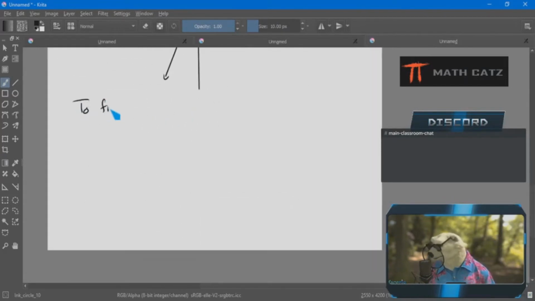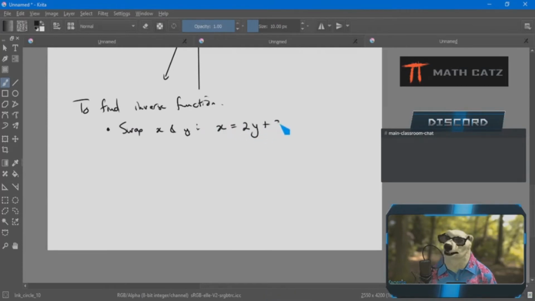So to find the inverse function, there are quite simple steps. Swap x and y. So let's do that. So then we have x equal to 2y plus 3. I just swapped x and y.